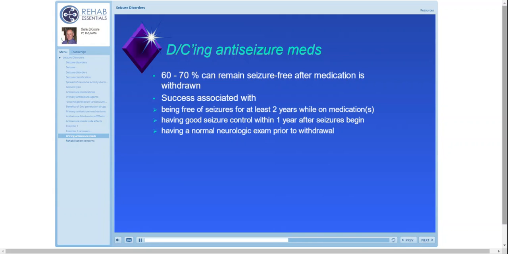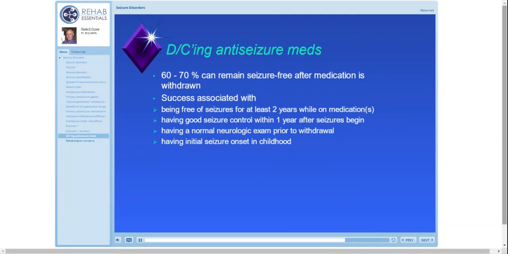Having a normal neurological exam prior to withdrawal, and especially if the seizures began in childhood. This may have something to do again with the maturation of the nervous system, that as the nervous system matures, possibly the initiating factors of the seizure, as long as we can keep it under control with the medications, may have a chance to go off of these medications.